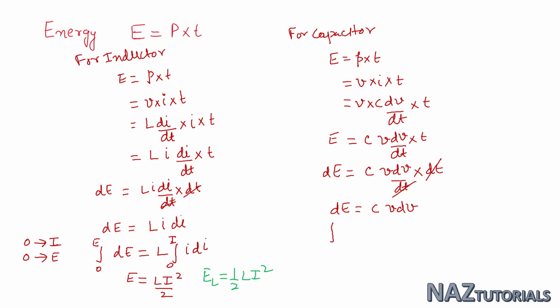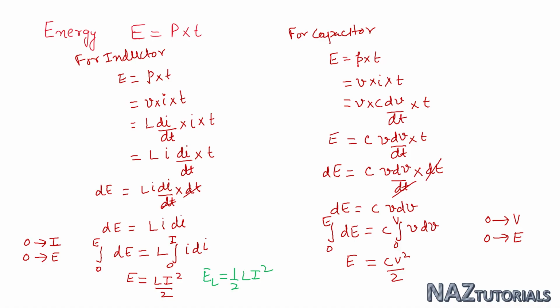If you integrate on both sides, E is equal to C integration of V dV. If we apply a voltage to a capacitor, the capacitor is charged from 0 to V and the stored energy goes from 0 to E. These are the limits, 0 to E and 0 to V. So the energy formula is C V square divided by 2.